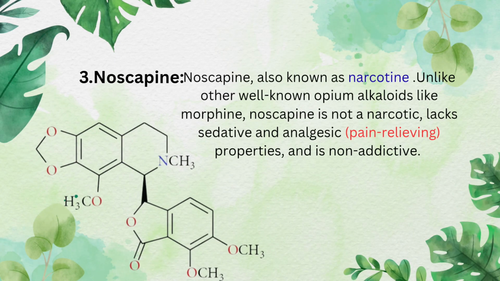Third is noscapine. Noscapine, also known as narcotine. Unlike other well-known opium alkaloids like morphine, noscapine is not a narcotic, lacks sedative and analgesic, meaning pain-relieving, properties, and is not addictive.